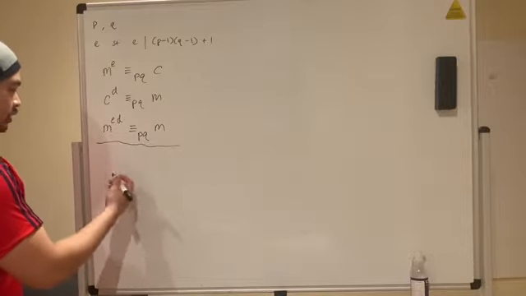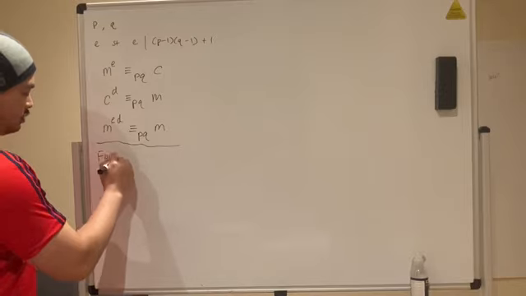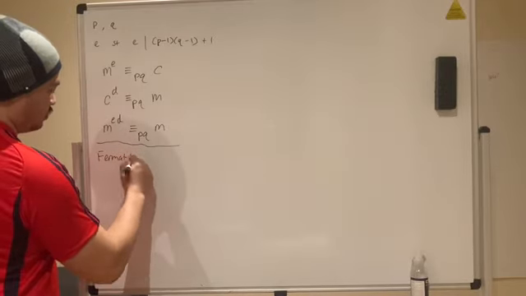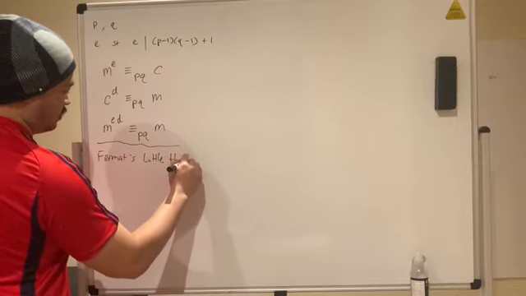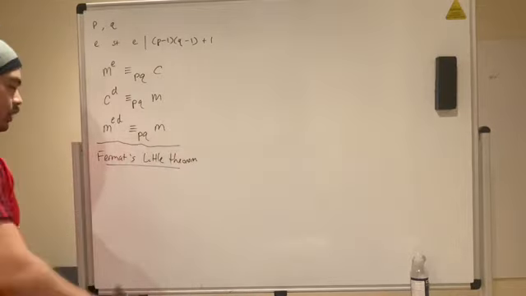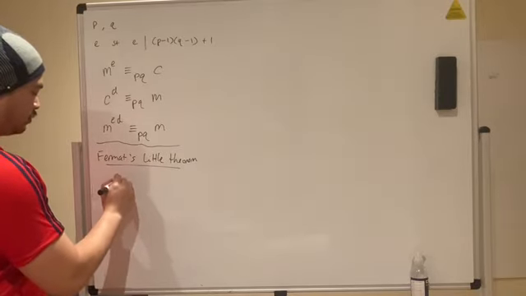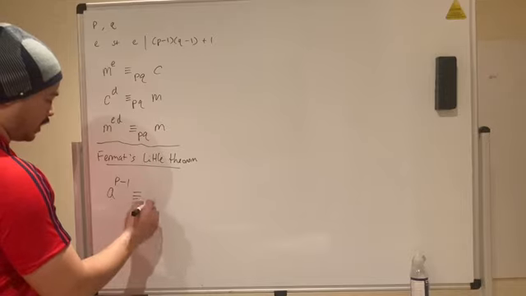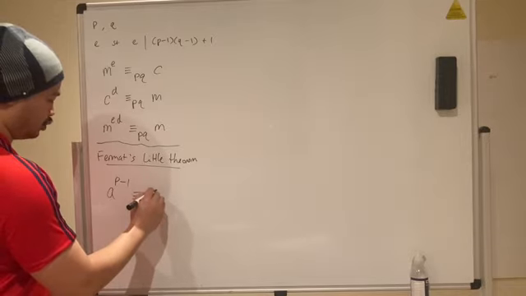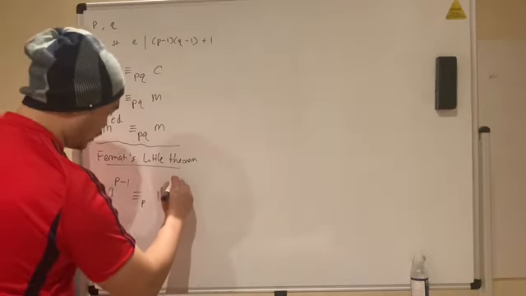We'll introduce a theorem called Fermat's little theorem, which states that given some integer A, A raised to the power of P minus 1 will be congruent mod P to 1, given that P is a prime number. So I'll write this down.